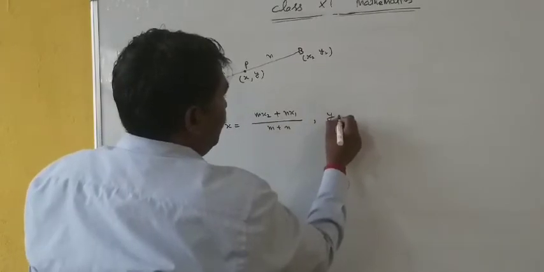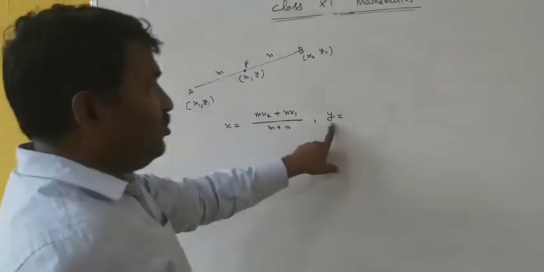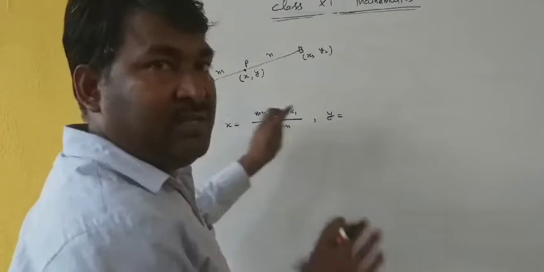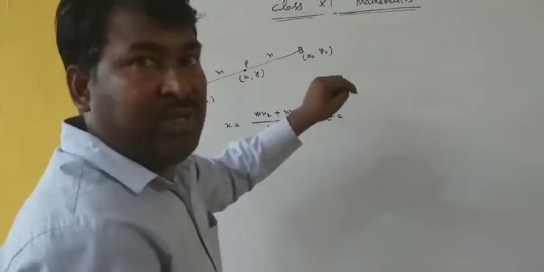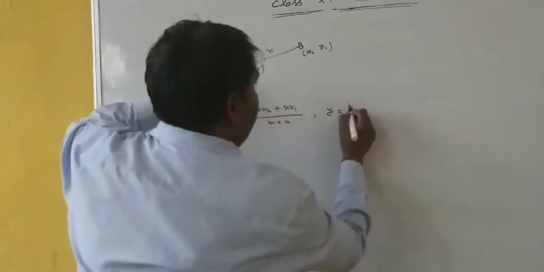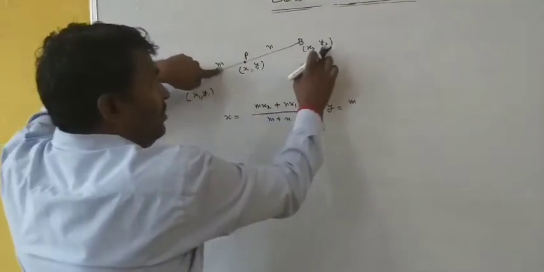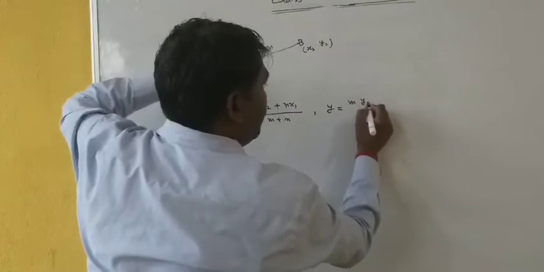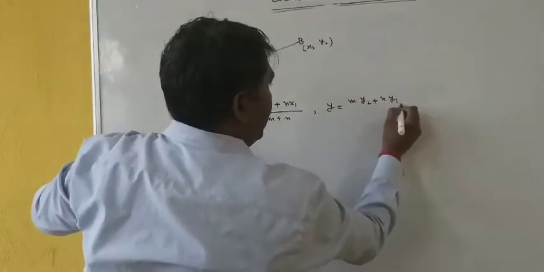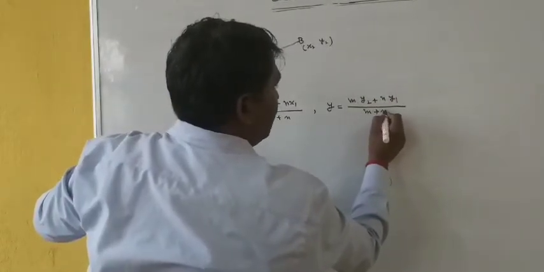Similarly, for the y coordinate, multiply similarly with y coordinates: my2 plus ny1 divided by m plus n.